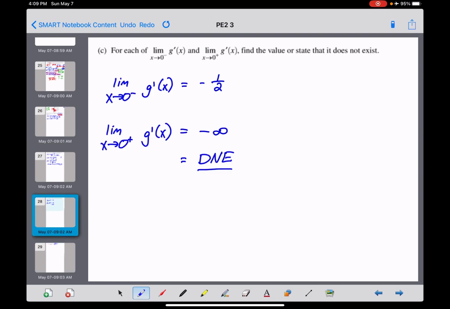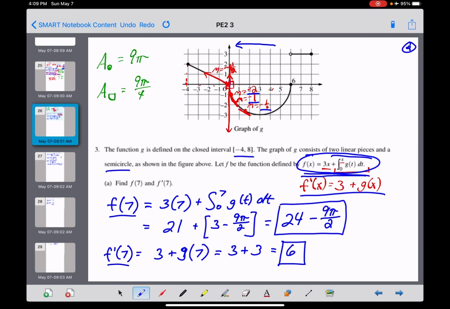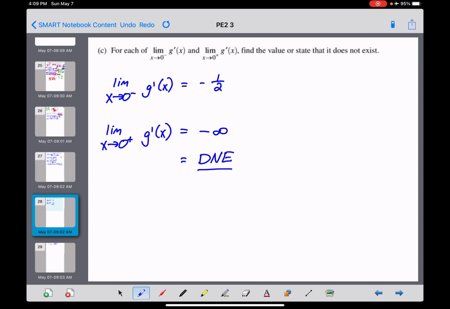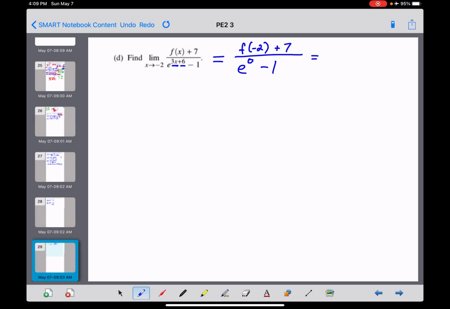We need the value of f of negative 2, and this one was a little bit of a pain right here. F of negative 2, that's a whole bunch of work I have to do again. So, all right, guys, it's 3 times negative 2. Let me do this down here. F of negative 2 would be 3 times negative 2 plus the integral from 0 to negative 2 of g of x dx. So that's a negative 6.